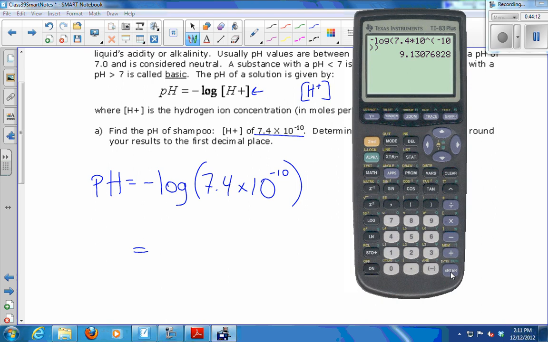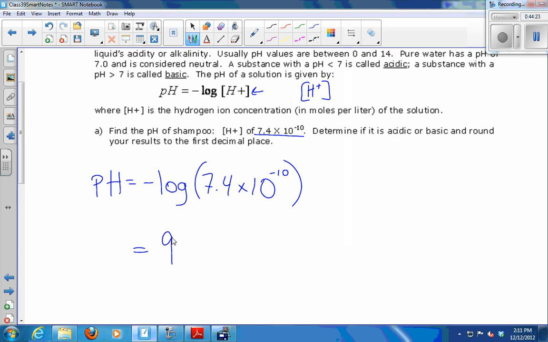That number is just so much nicer than saying 0.00000000074. Instead of saying that's its hydrogen ion concentration, we can say it has a pH of 9.13. Much easier number for us to conceive of. And that would make it a base.